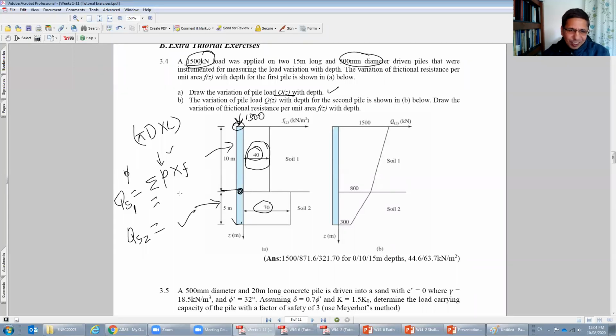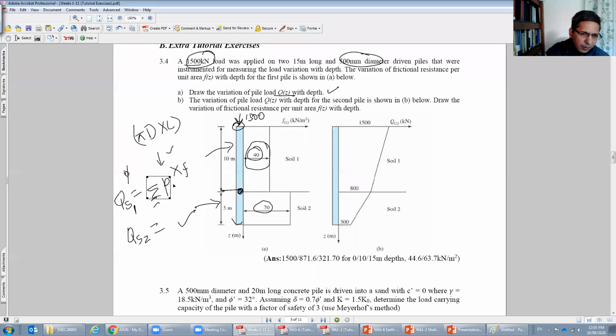Times length of pile is 10. I'm talking about the first layer only. All right? So 10. So pi d times L. So what is the frictional resistance in the first one? So now what is that? 6 to 8 is taken by the first friction.